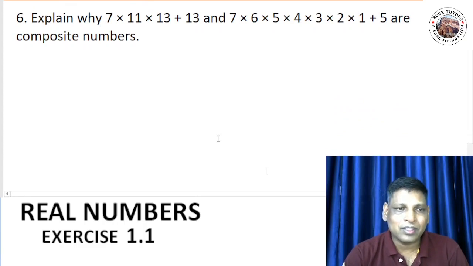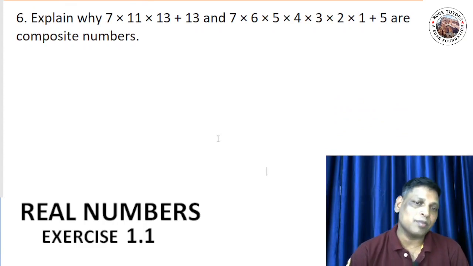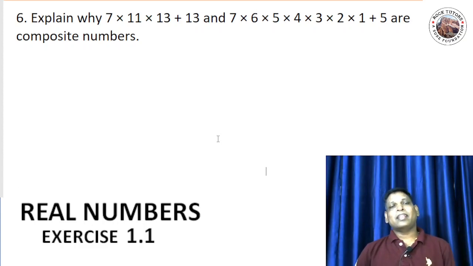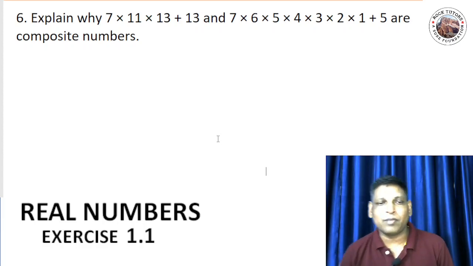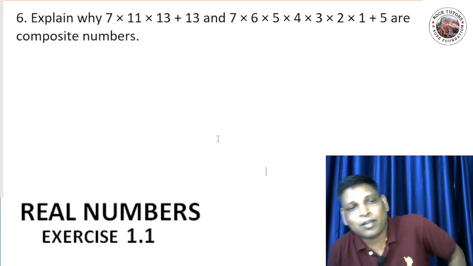A composite number is one we can write as a product of two numbers, or in the form of a product of prime numbers. If any number can be written as a product of two numbers, then it is a composite number.